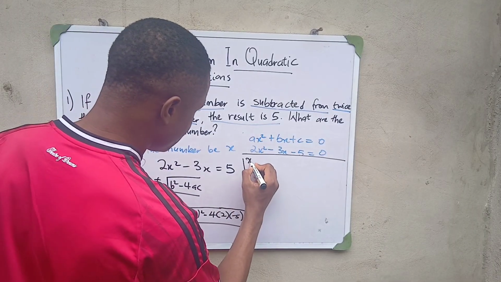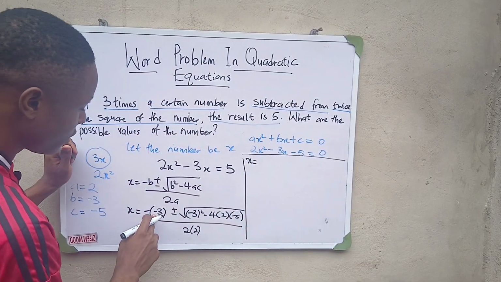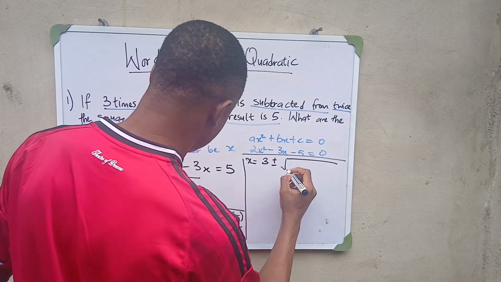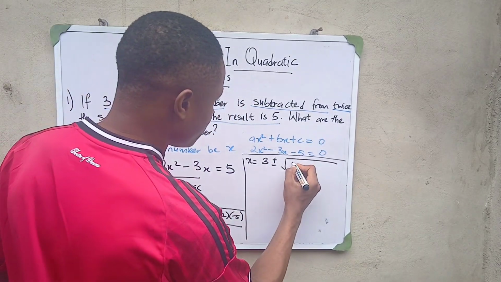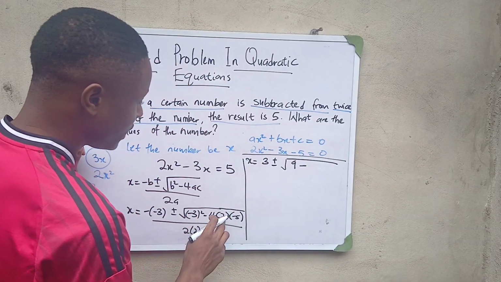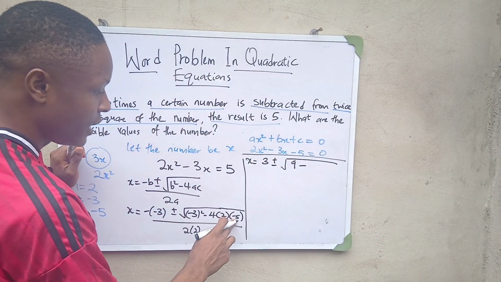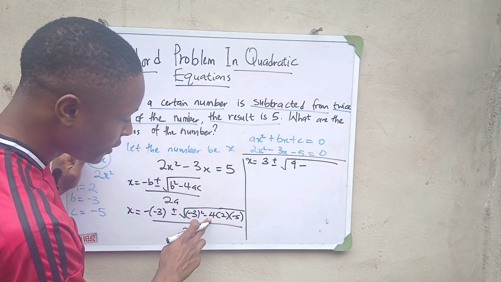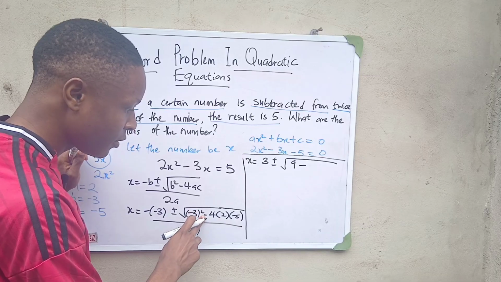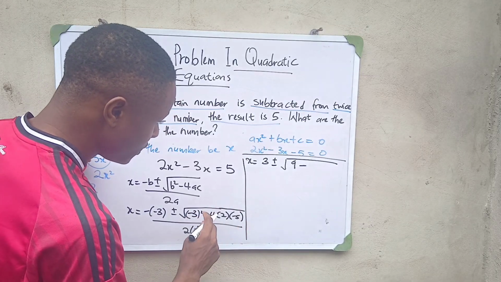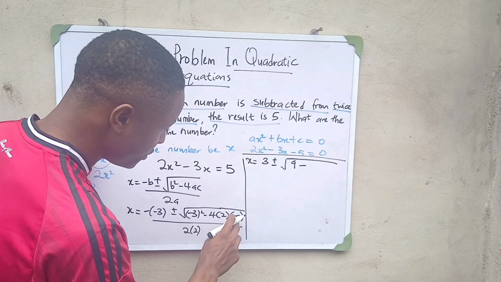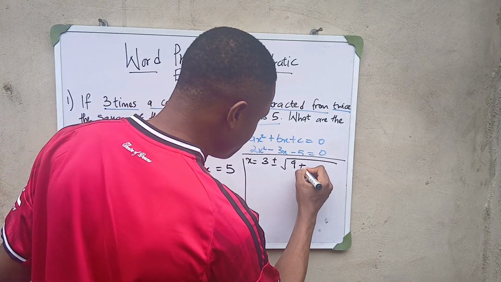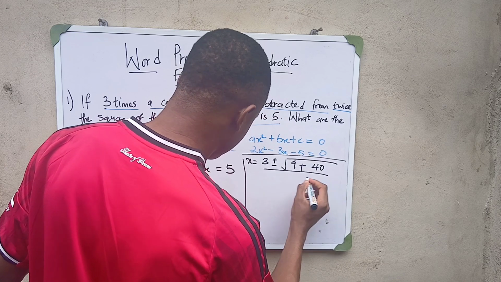So x is equal to 3 plus or minus the square root of minus 3 square, which is 9, minus 4 times 2, which is 8, times minus 5, which is minus 40. That minus 40 is multiplied by this minus here, giving us plus 40. So this will be plus 40, all over 4.